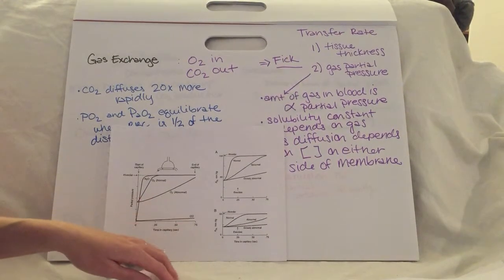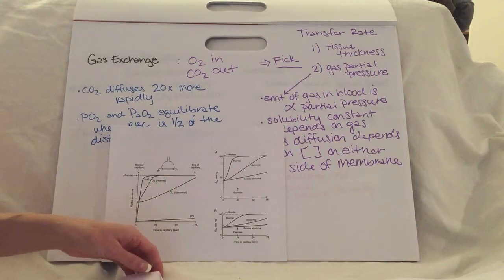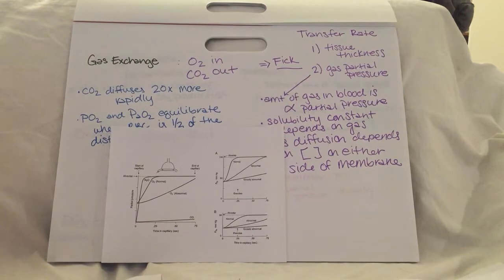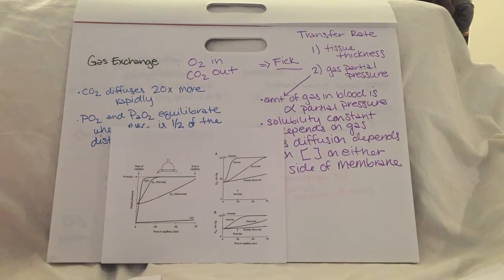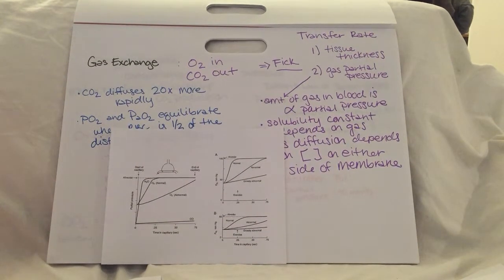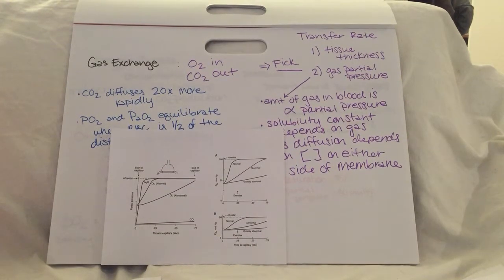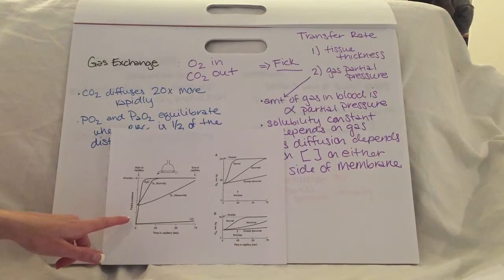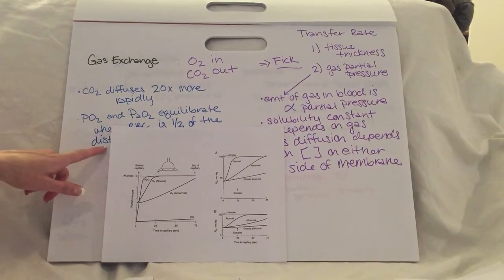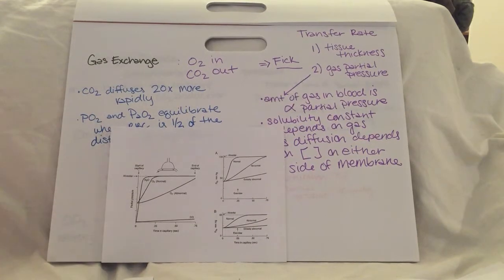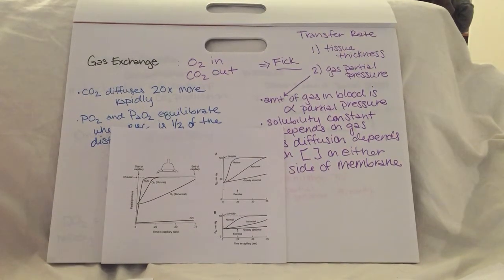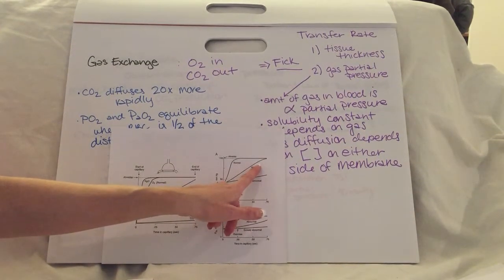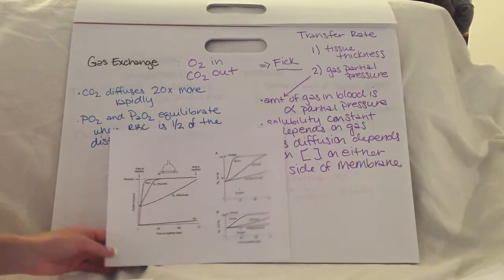In exercise, you increase your cardiac output and the velocity of your blood moving through the lungs, and you see that the time of the blood in the capillary is greatly reduced, causing the equilibration of your PO2 to be slightly slower than is normal.